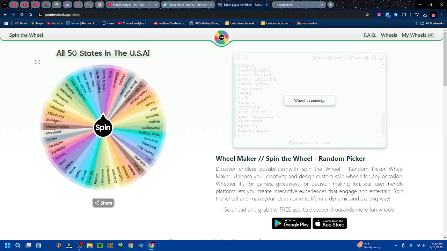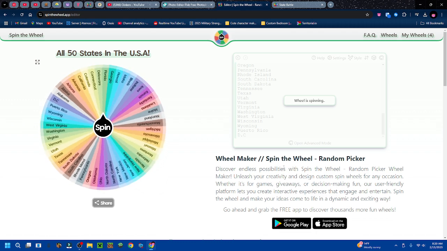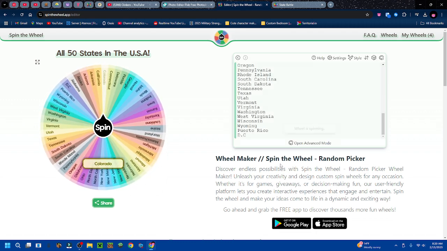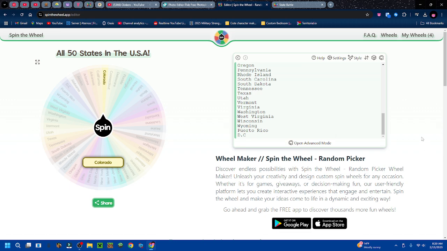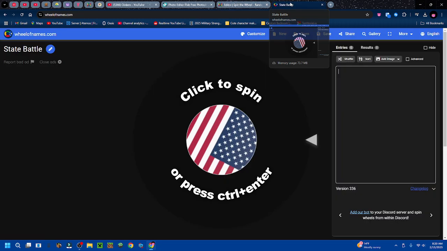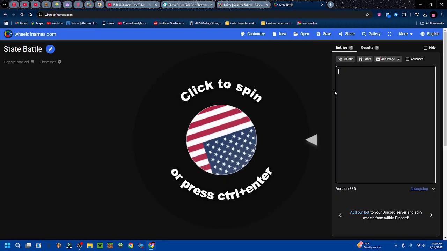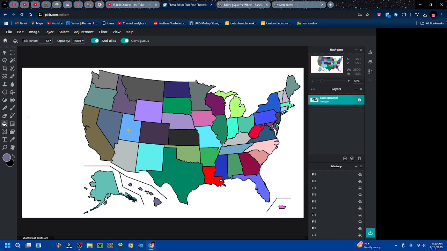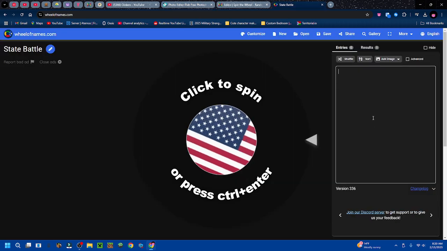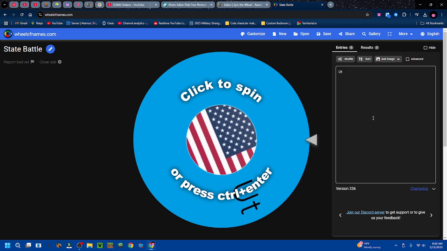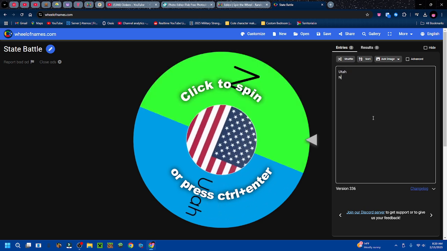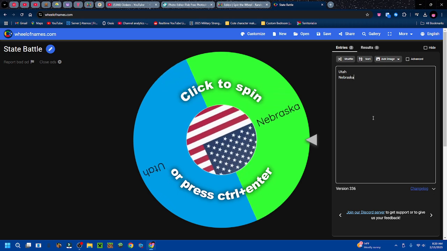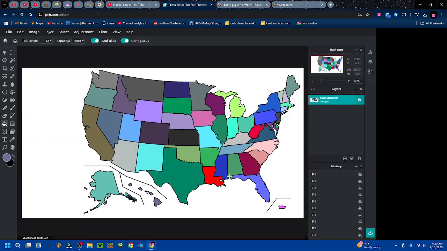So, let's see which state will be attacking first. It's gonna be Colorado. What does Colorado border? This is Colorado. So they border Utah, Wyoming, Nebraska, Canada. Okay, hold on. Utah, Nebraska. What else do we have?